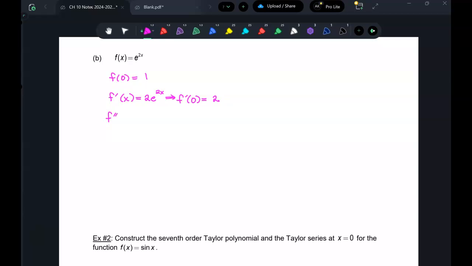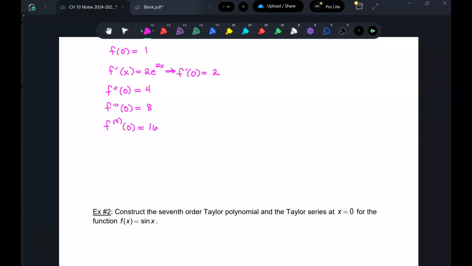The second derivative at 0 is going to be 4. The third derivative is 8, and the fourth derivative is 16. So we're doing the same thing. This one is going to be a Taylor polynomial of order 4.